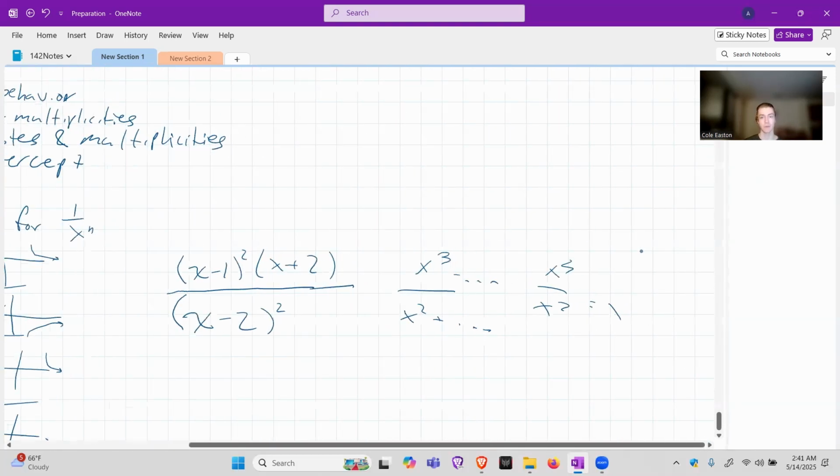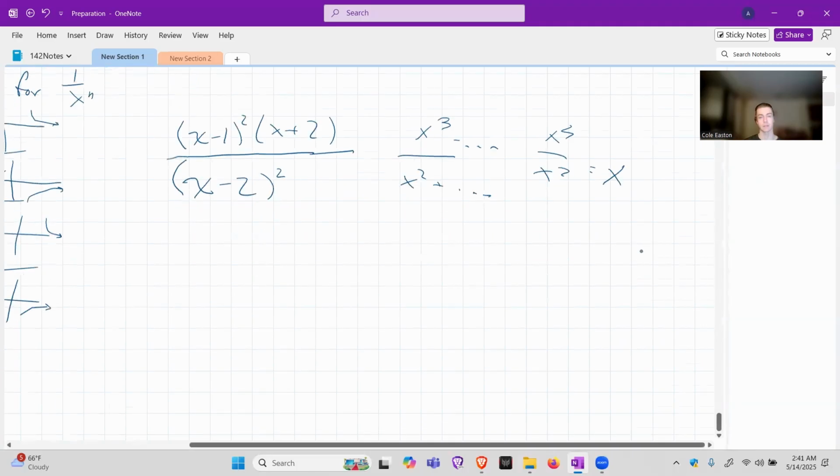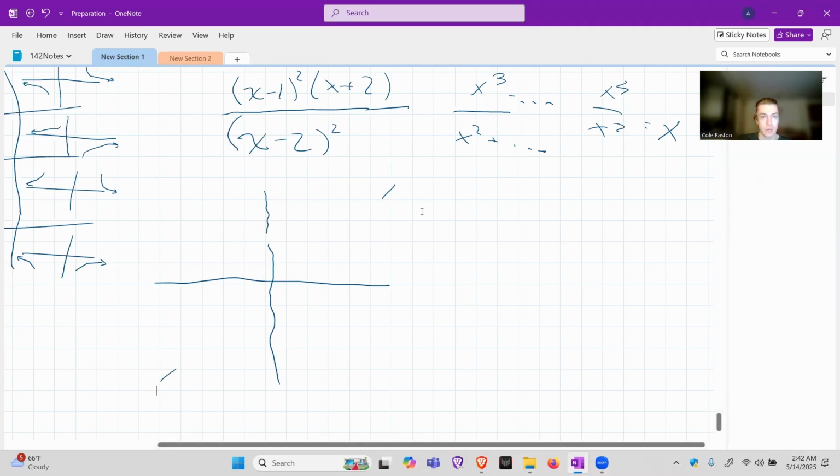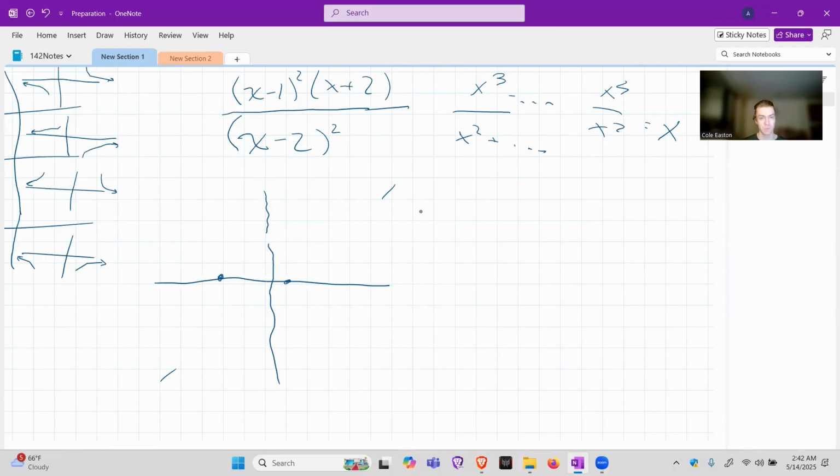So in this case, we don't have to use our new chart. Right? We're going to use that in our next example. Okay, so end behavior looks like x, which is this. Our roots, we're going to set x minus 1 to 0. So that gives us x equals 1 being a root here. X plus 2 set to 0 gives us x equals negative 2.